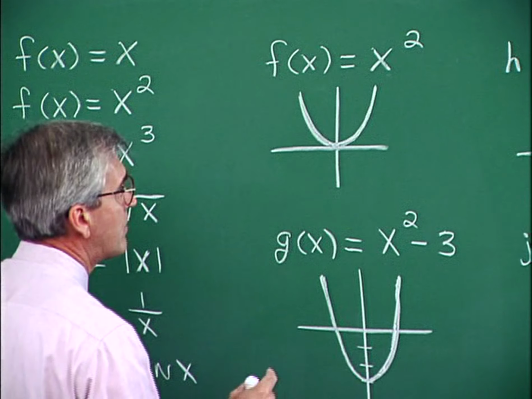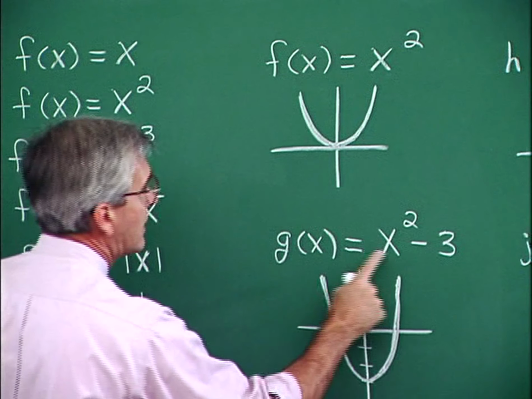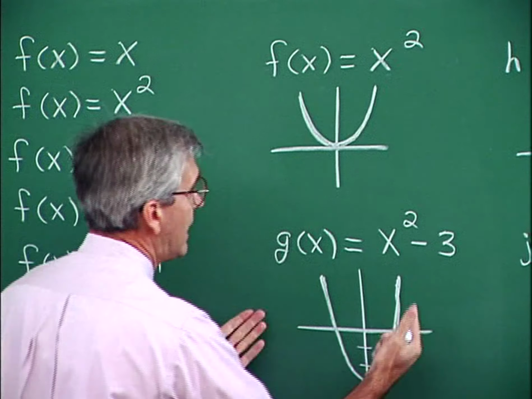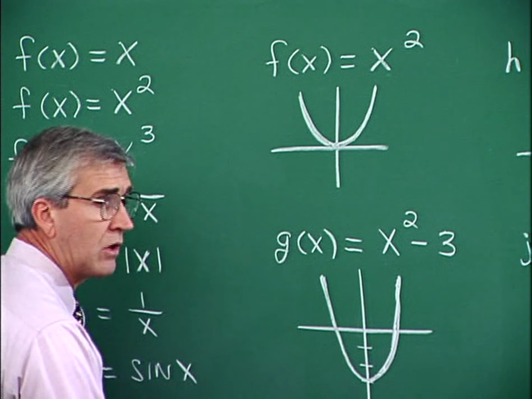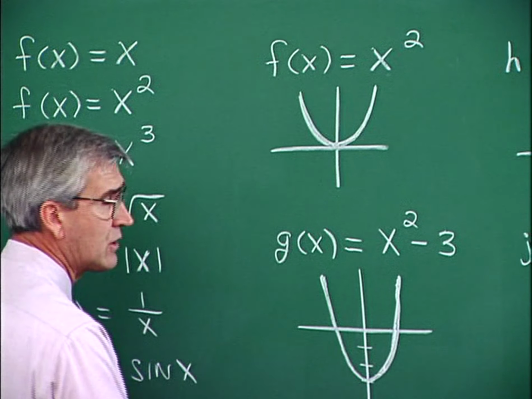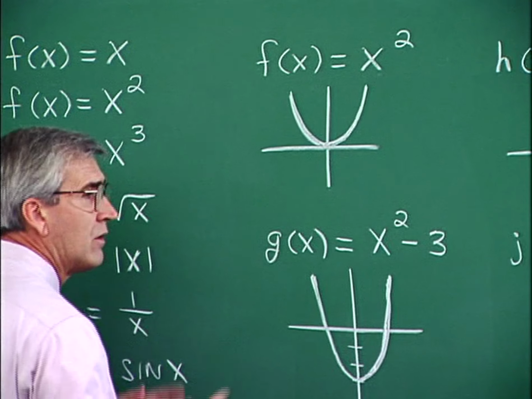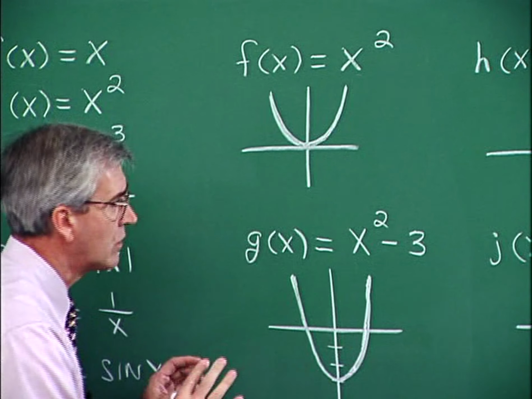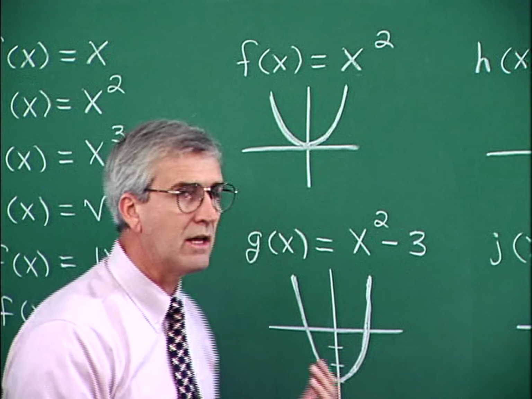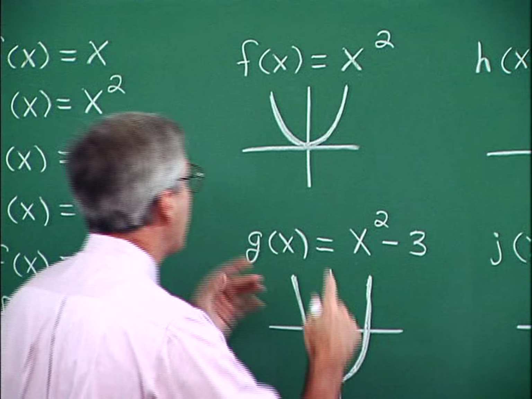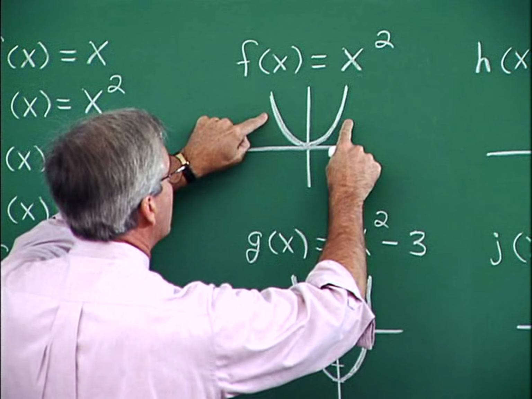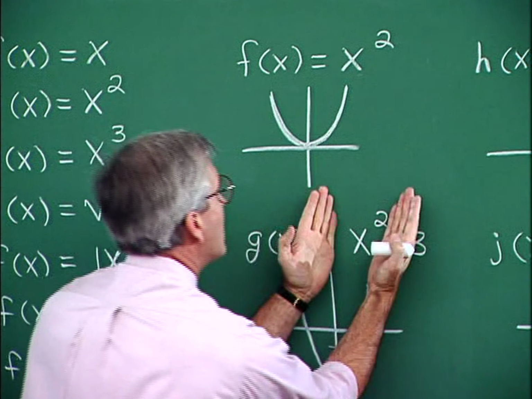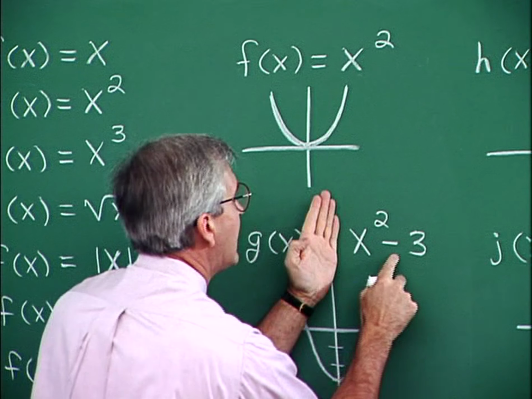Now we know from our experience that if g of x is x squared minus 3, then all that does is throw the graph down 3 on the coordinate plane. This is the graph of x squared minus 3. Now, when you learned about this, I'm hopeful that you learned in terms of concept. What's the general idea here? Well, it is that if this is the graph of x squared, then this is nothing but the graph of x squared down 3.